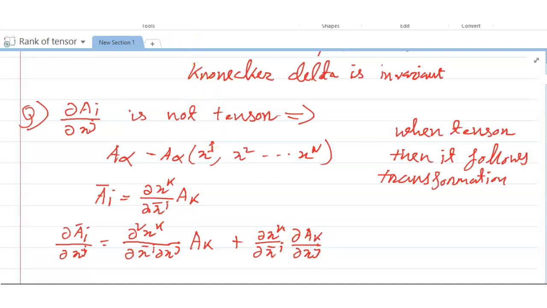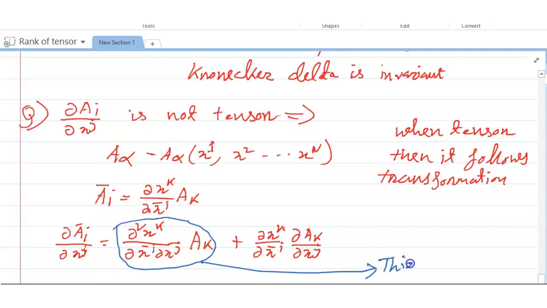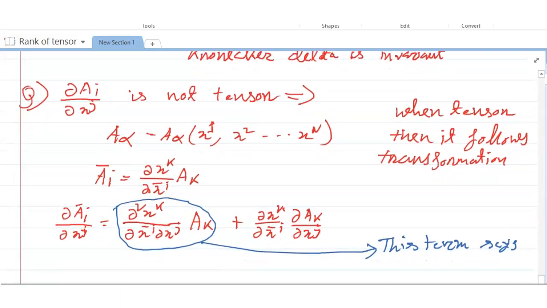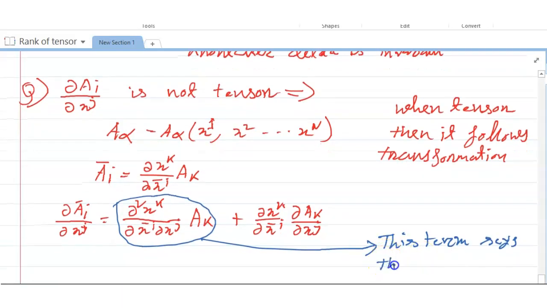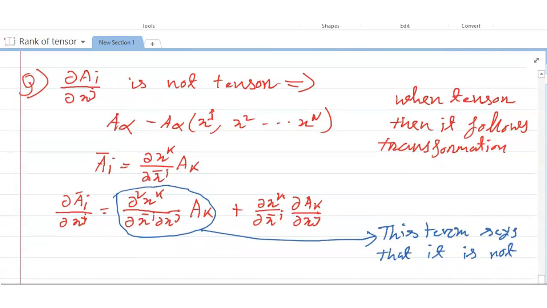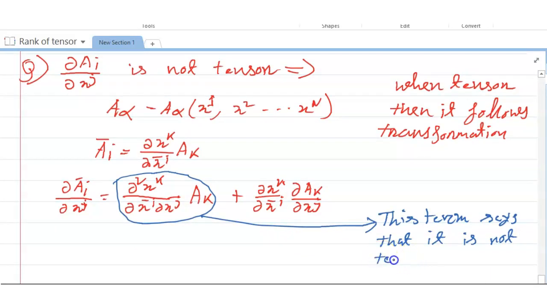So friends, I don't need to do so much. I just mark this extra term, which says that it is not a tensor. It is not a tensor.